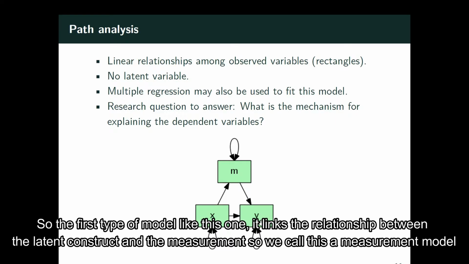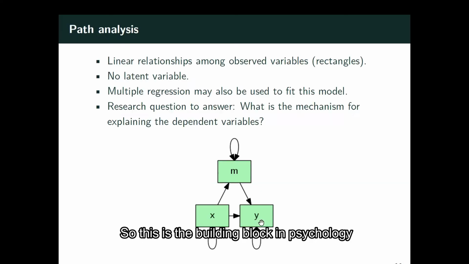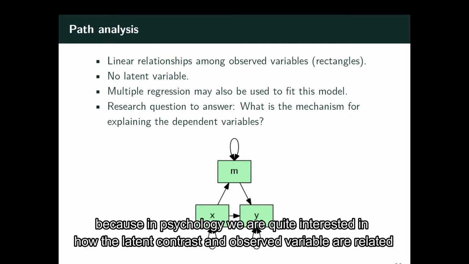So the first type of model like this one links the relationship between the latent construct and the measurements. So we call this a measurement model. This is the building block in psychology, because in psychology we are quite interested in how the latent constructs and the observed variables are related.